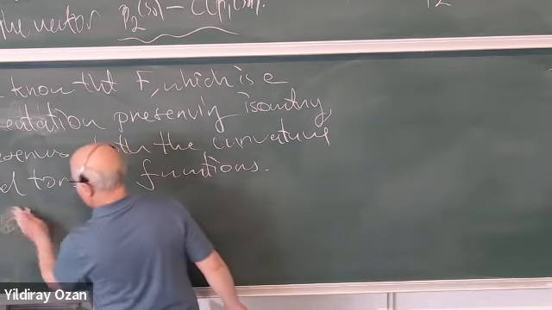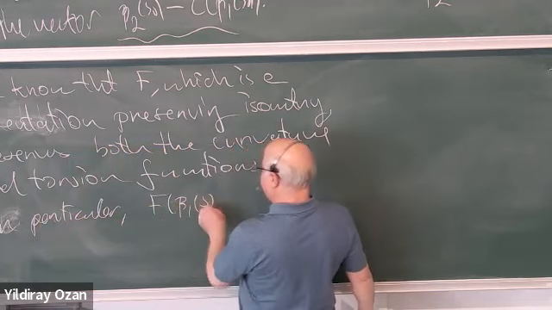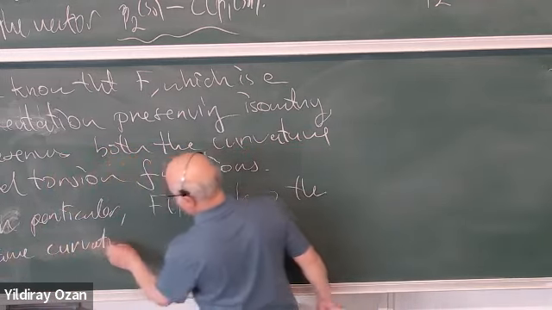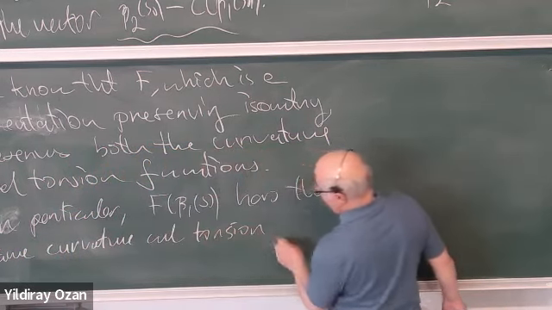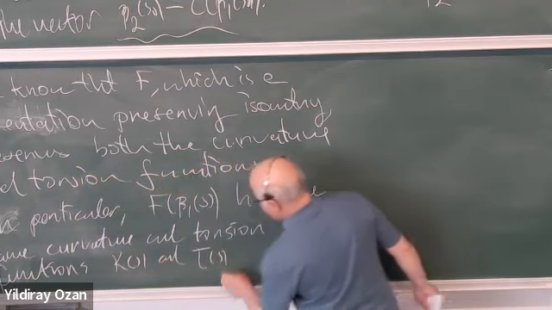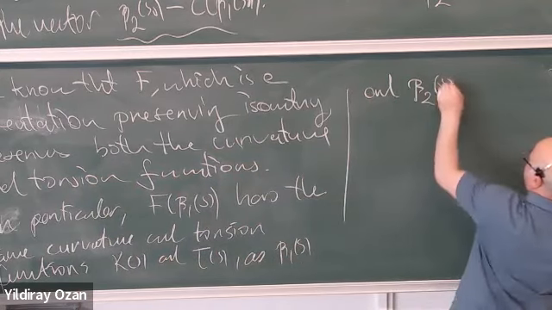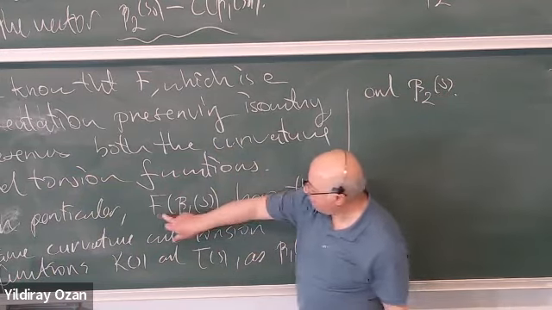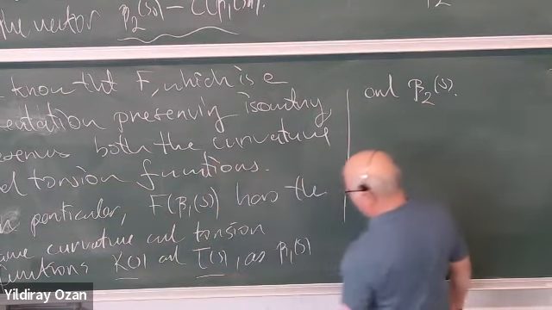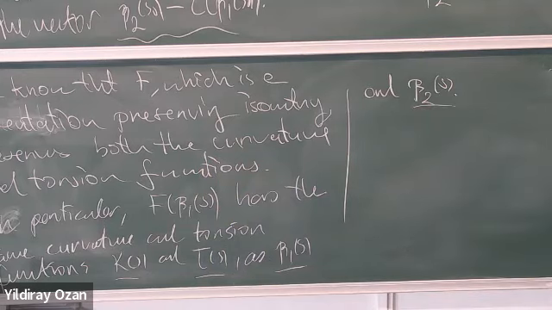In particular, F of beta 1 S has the same curvature and torsion functions, kappa S and tau S, as beta 1 S and beta 2 S. The curvature and torsion functions of F of beta 1 are the same functions, kappa S and tau S, which are the curvature and torsion functions of beta 1 S and beta 2 S. So what we have is then the following.